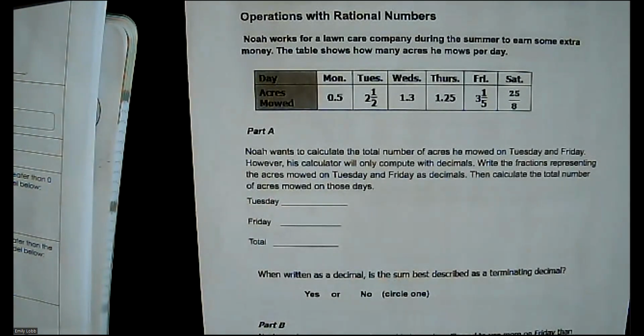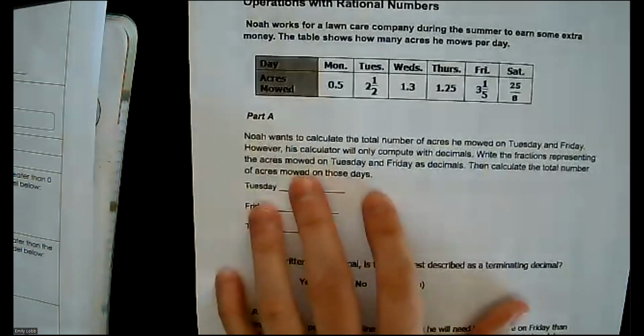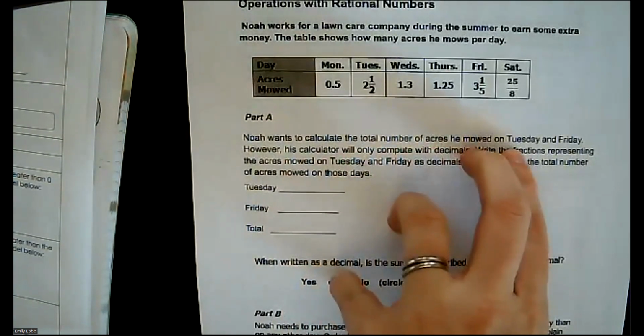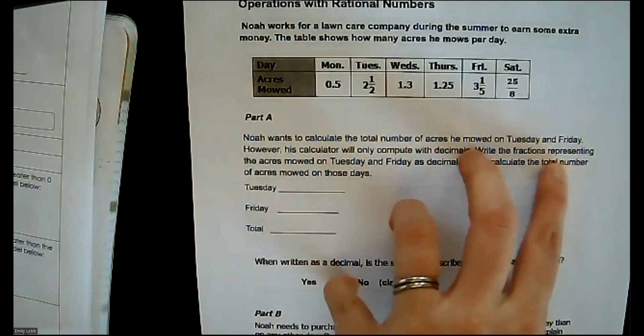You can make corrections on those and retake it if you choose to. That's something that you need to decide. I can't spoon feed you and then force you to do something, and it just doesn't go well when that happens, okay? So Noah wants to calculate the total number of acres he mowed on Tuesday and Friday.